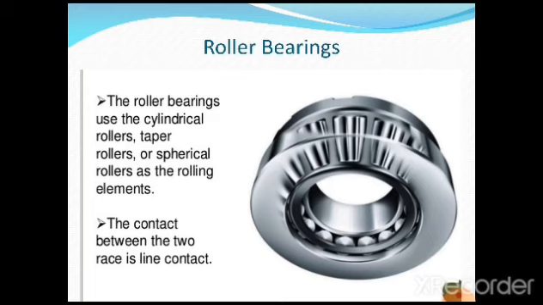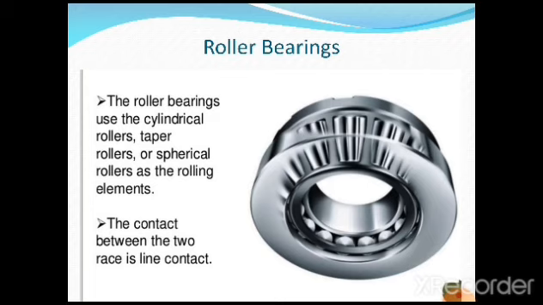The contact between the two races is line contact. This is very, very important. Whenever these rollers are accommodated between the two races or rings, that is the inner race and outer race, there will be a line contact.